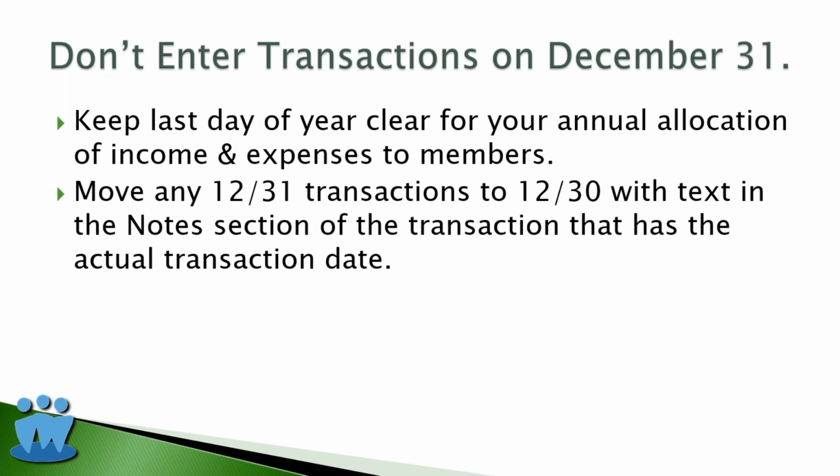And so when you put any other transaction on December 31st, depending on when you run it, if you come back later and add something after you've allocated the income and expenses, that can become a problem. So our rule of thumb is nothing else on that transaction date.